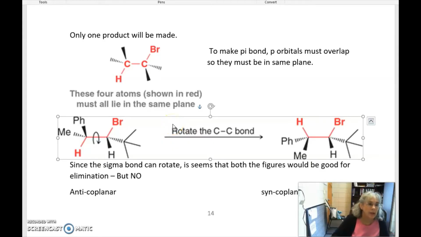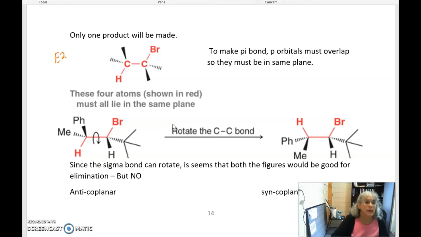For an E2 reaction to occur, the hydrogen, the carbons that are going to have the double bond, and the halogen must all lie in the same plane. And they must be anti-coplanar to each other. So one has to be down and the other has to be up.